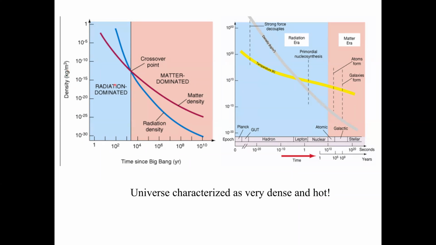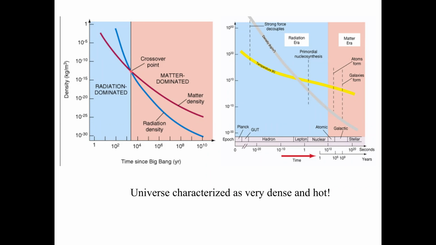You can see the blue-shaded graph at the beginning. This is where radiation dominated. Most of the things are radiation, and then there is a point where you get a matter-dominated universe, which is the universe we are living in now, because the matter density is larger compared to the radiation density.